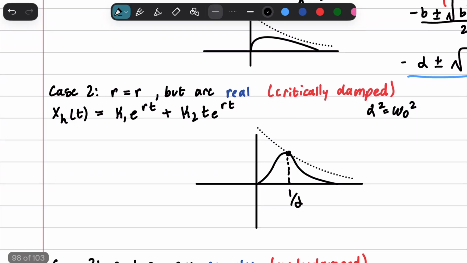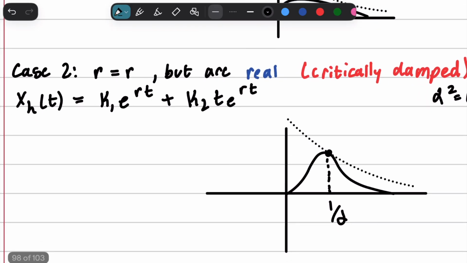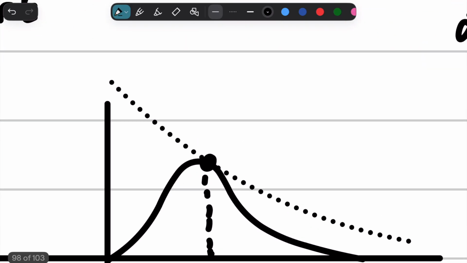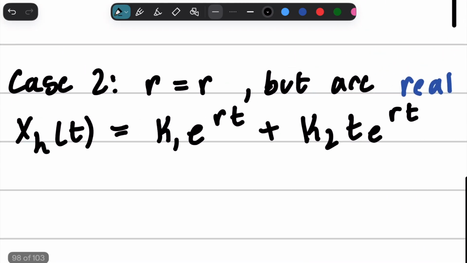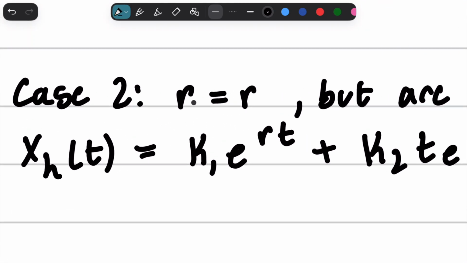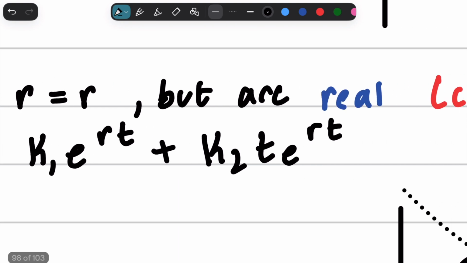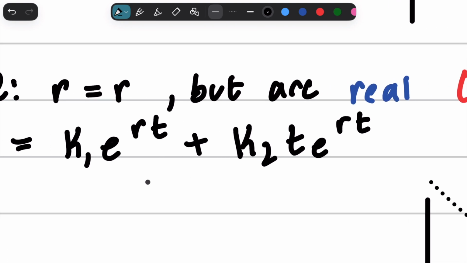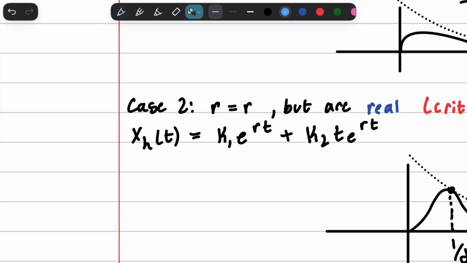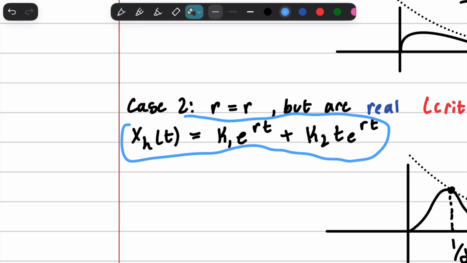In case 2, they had one good little dance, because these R's right here, they're equal, and they create this differential equation right here, or solution, once again, to the homogeneous equation.